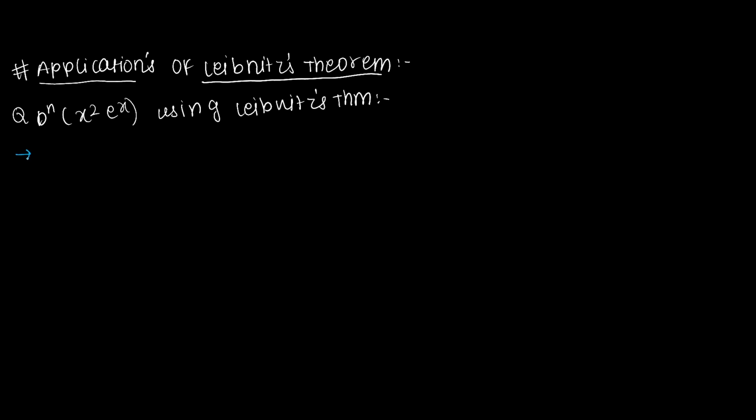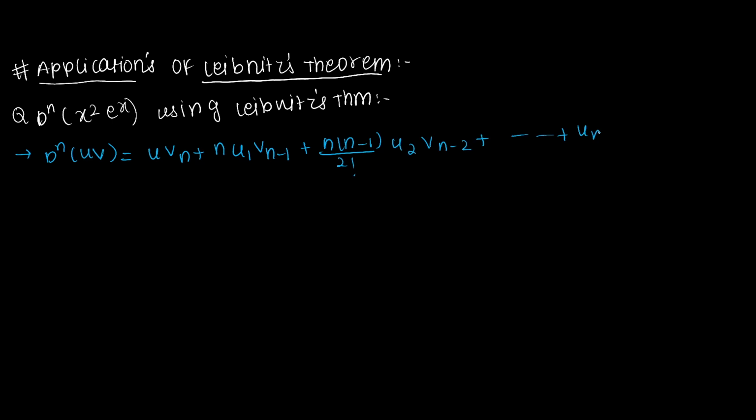When we solve this, we use the basic formula, which is the nth order derivative for uv, given by u v_n plus n u_1 v_(n-1) plus n(n-1) upon 2 factorial u_2 v_(n-2), and so on till u_n v.